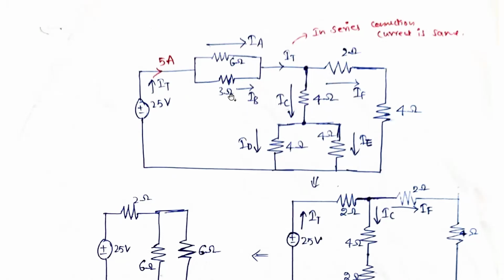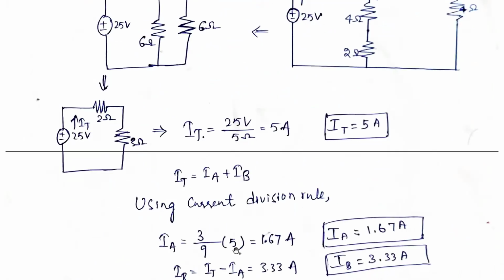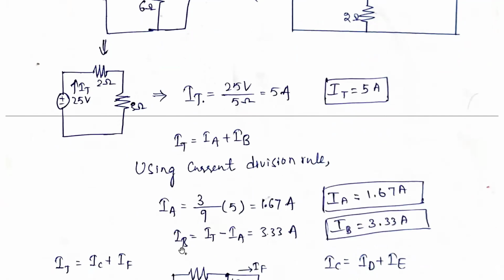So IA is equal to 3 divided by 6 plus 3, which is 9 ohms, into 5 amperes. That is the current division rule: opposite resistance divided by the total resistance, into the current of that particular branch. So IA is 1.67 amperes.